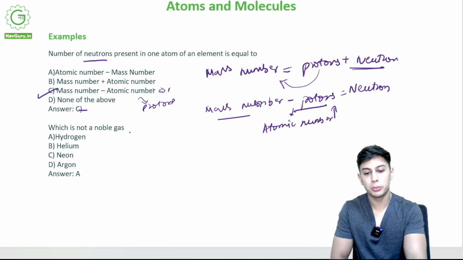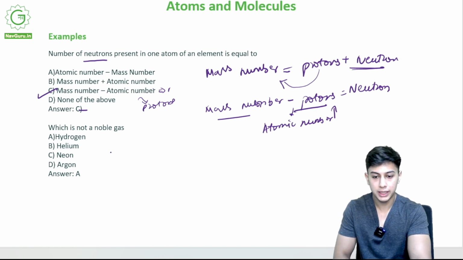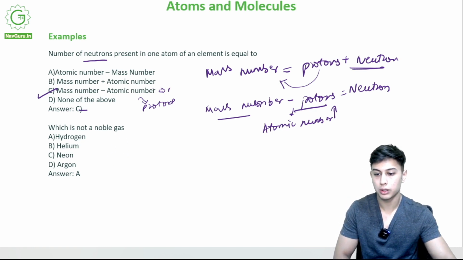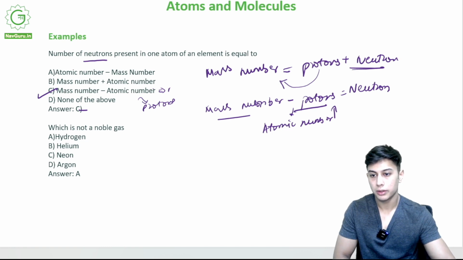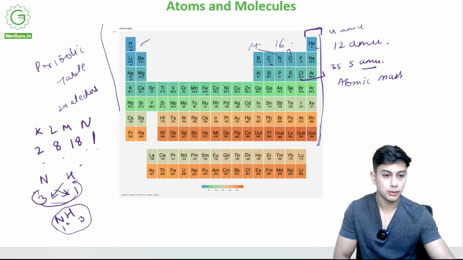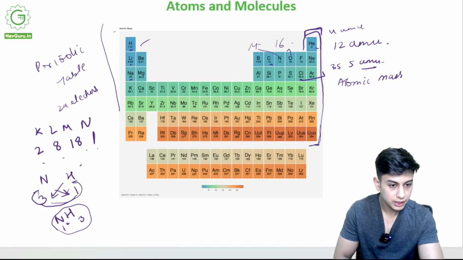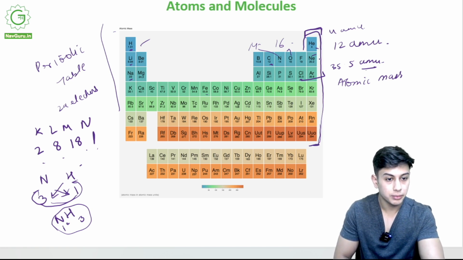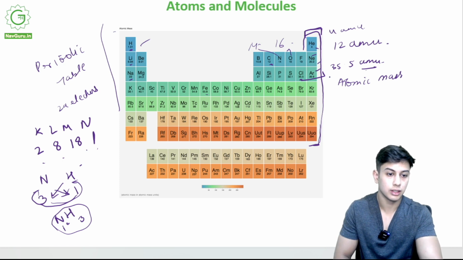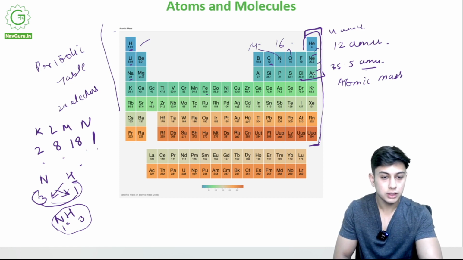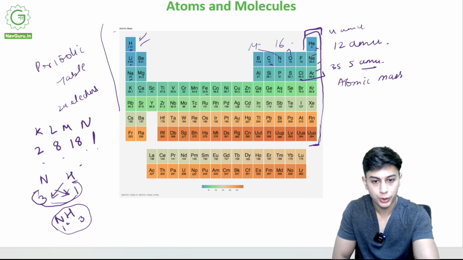Which is not a noble gas? Hydrogen, helium, neon, argon. Let's go back to our chapter and see in the periodic table. Over here I have all the inert gases: helium, neon, argon. In our options, which one is not over here? I remember hydrogen is way over here.